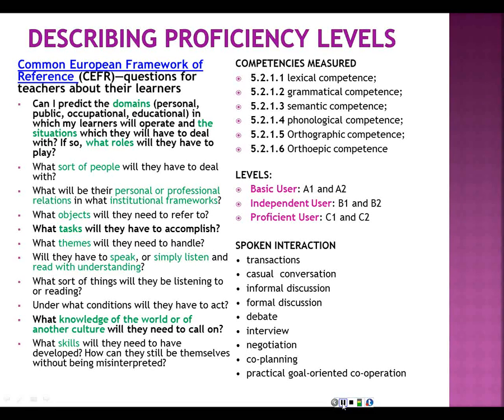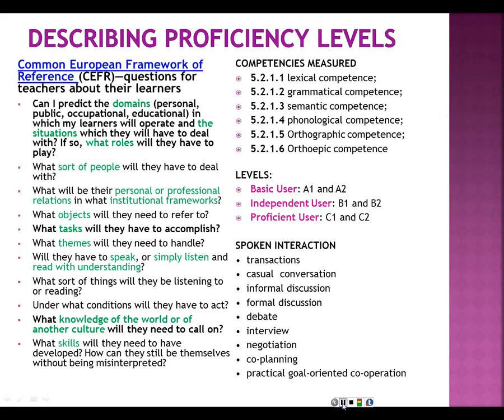So, for example, the questions for teachers about their learners are, can I predict the domains in which my learners will operate and the situations in which they will have to deal with? What roles will they have to play?